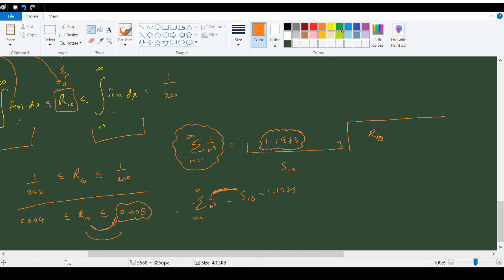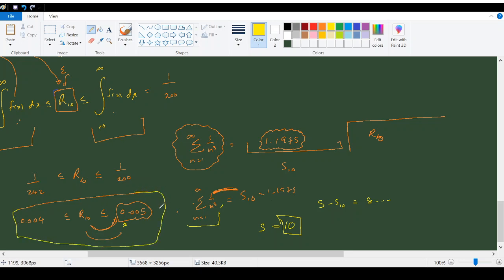So in other words, we know for sure that the actual answer for this series will not be a number like this. The actual answer will definitely not be equal to 10, because then the actual answer minus S10 would be something like 8 point something, which is way greater than the predicted error. So this inequality is a very powerful tool.